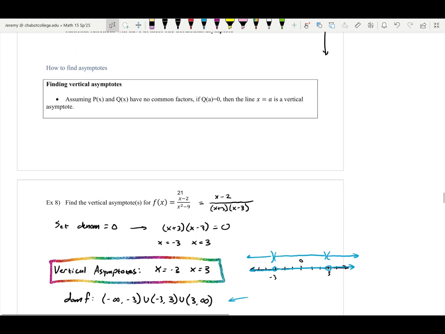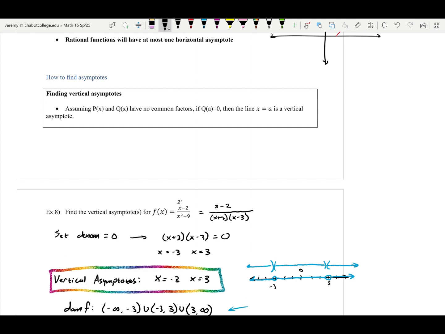So in general, I just want to write this up here. To find vertical asymptotes, we want to simplify f of x, right?